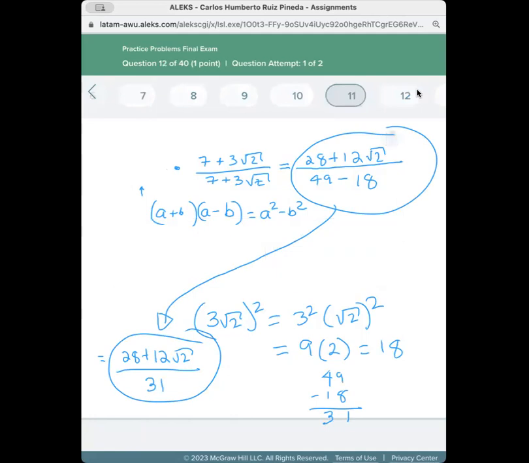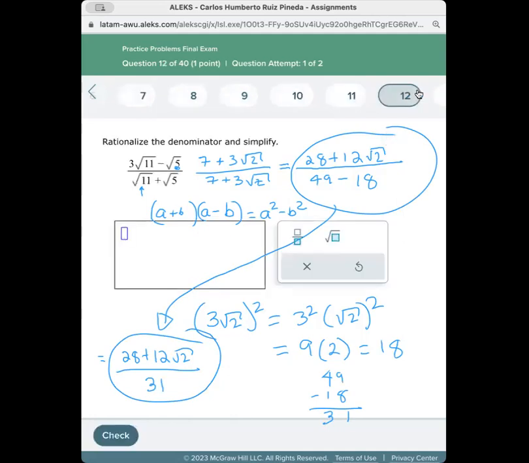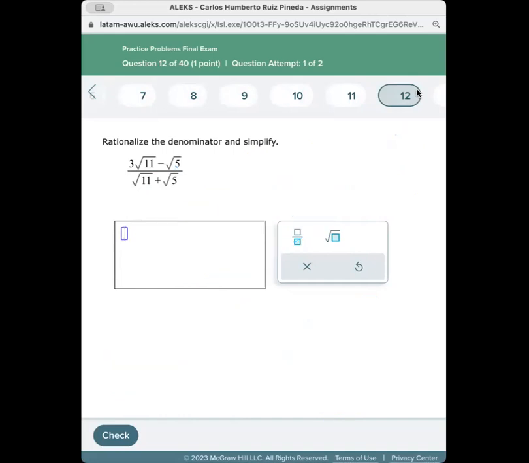We continue with this fraction that involves radicals. So in this division, we also have to multiply by the conjugate binomial, which is square root of 11 minus square root of 5.